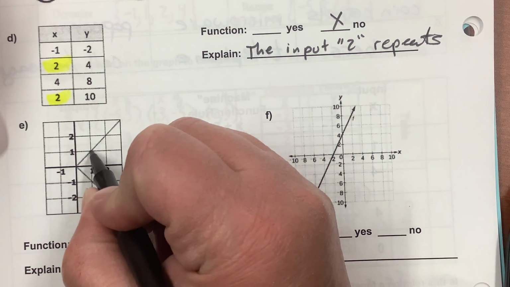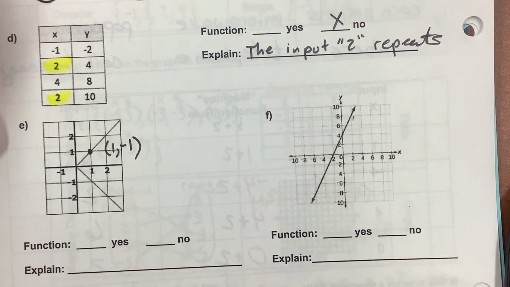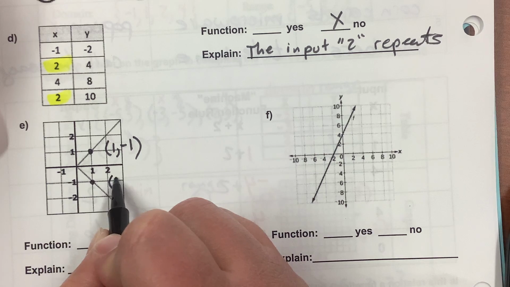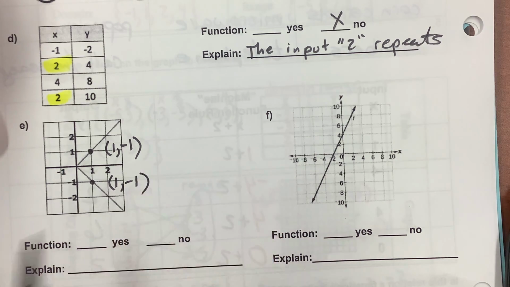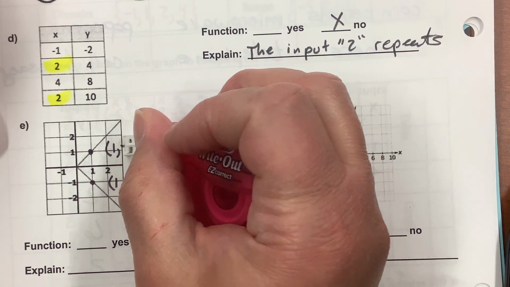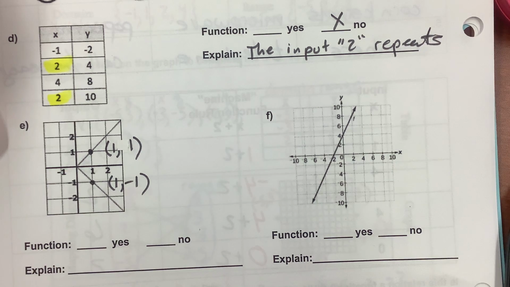I have this coordinate, which is nice. It's 1, -1. And I also have this coordinate, which is 1, -1. And I just realized I wrote -1 up here when that is +1. Silly, silly Bono. I should have stock in whiteout.